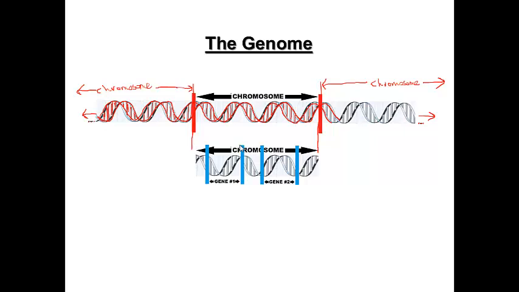Within a specific chromosome, you're always dealing with genes on the order of hundreds to thousands. Instead, just for illustrative purposes, I just put two.